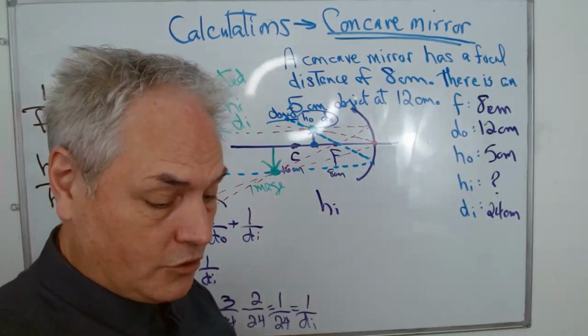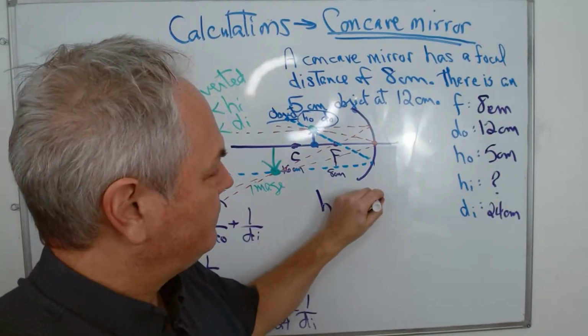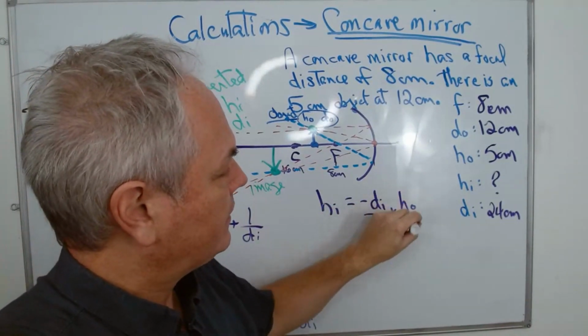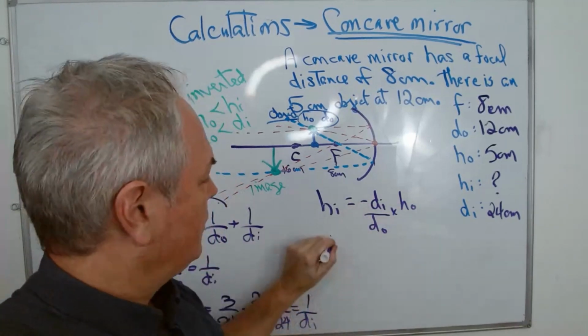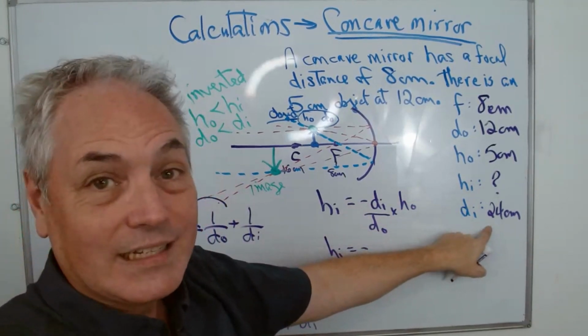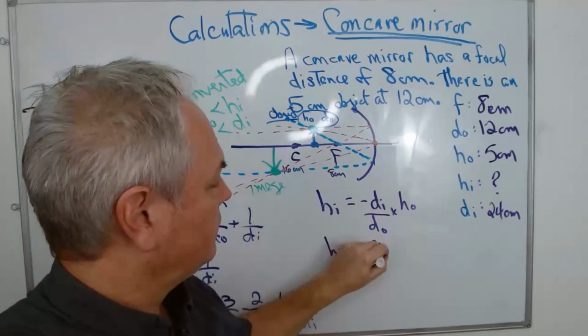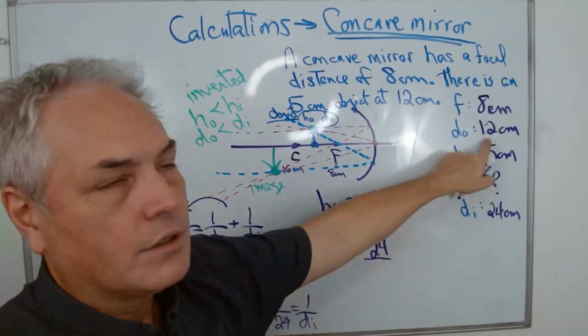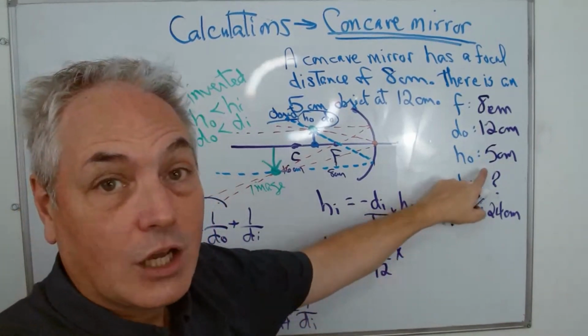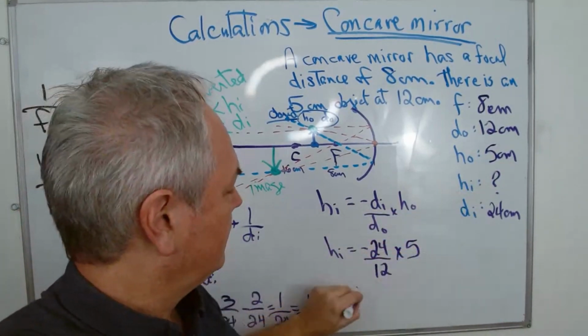So the height of the image equals negative di over do times the height of the object. So here hi equals negative di, so negative 24 over 12 times the height of the object.